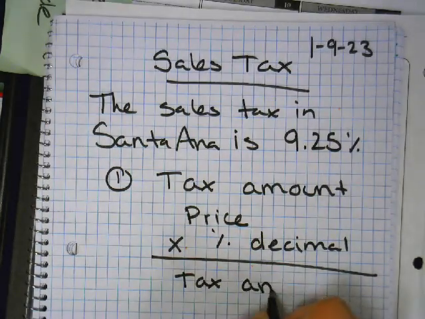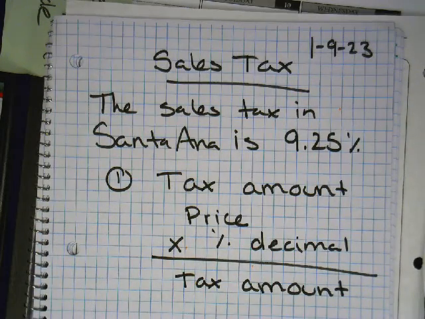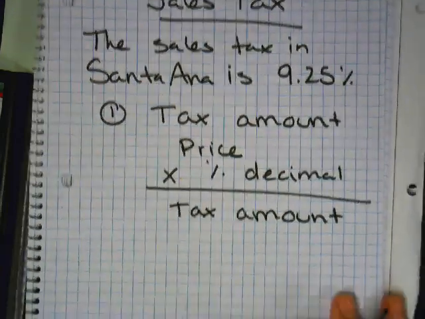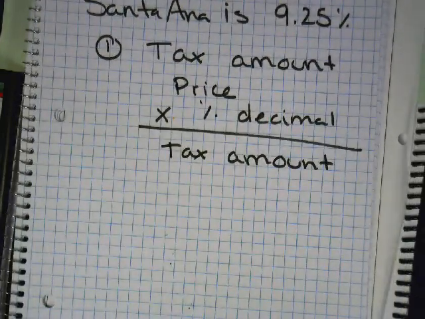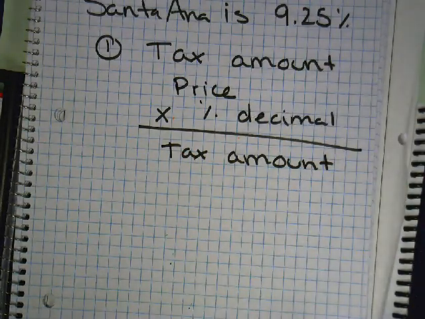Now, the store does not keep this amount. It goes to the city, the county, and the state. Everybody gets a little chunk. They just collect it. Price times percent equals your tax amount.